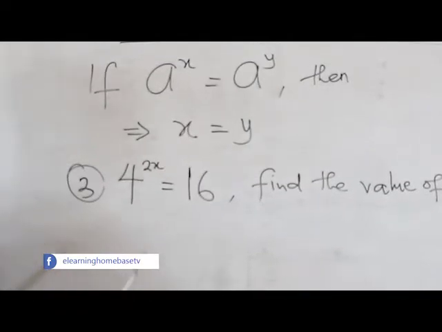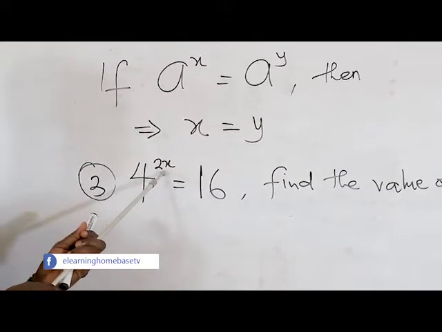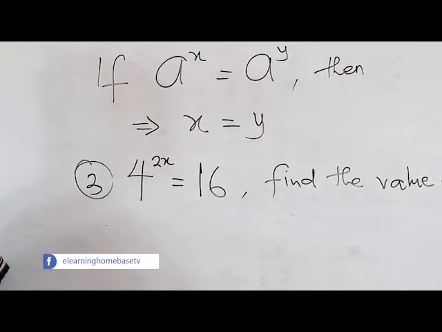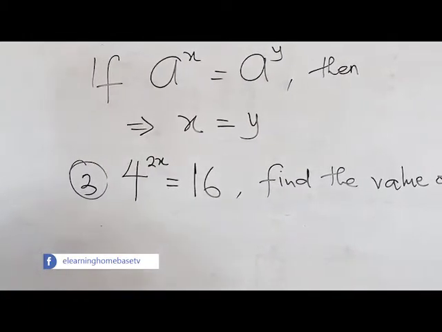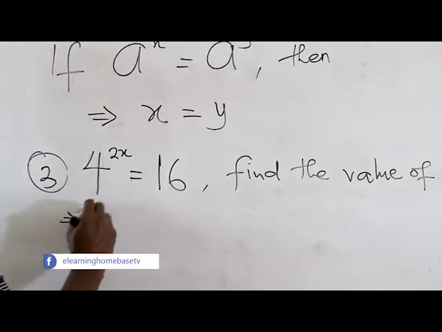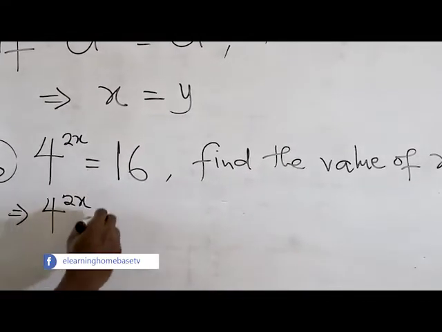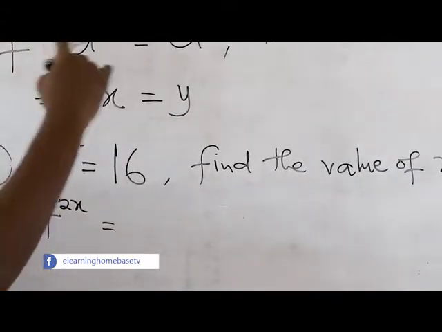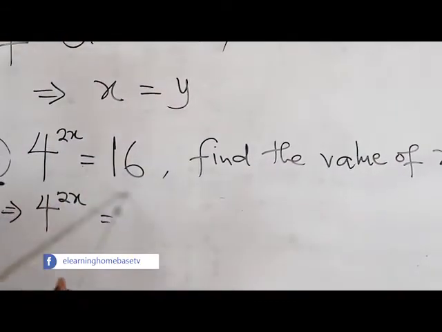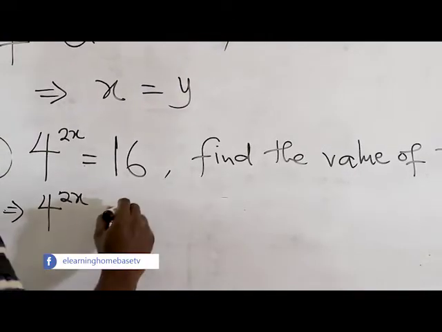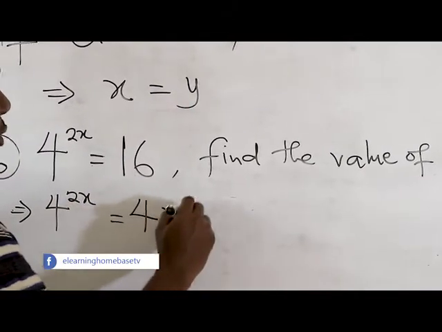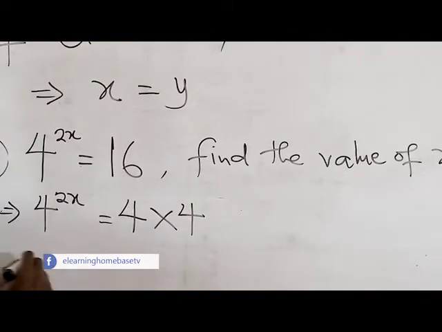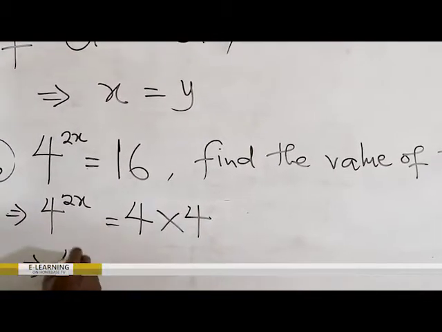So our third example, 4 exponent 2x equals 16. Find the value of x. So as usual, since the base is 4, repeatedly multiply 4 by itself until you get the value 16. So 4 times 4 is 16.